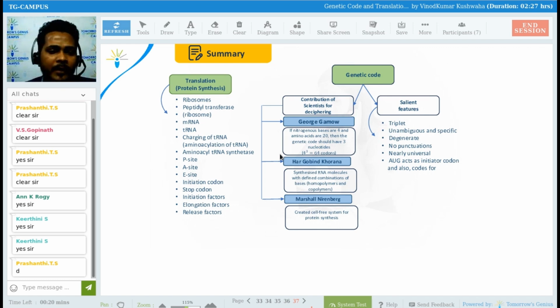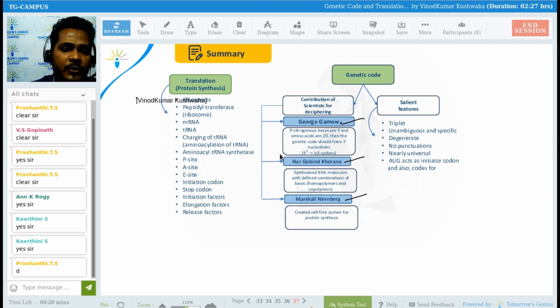Now this is a summary of what we studied today. We studied about the genetic code, the history behind the genetic code by George Gamow, then Har Gobind Khorana, and then Marshall Nirenberg. Then we studied the salient features of the genetic code, which include triplet, unambiguous and specific, degenerate, non-punctuated, then nearly universal, then AUG acting as initiator codon and also coding for an amino acid.